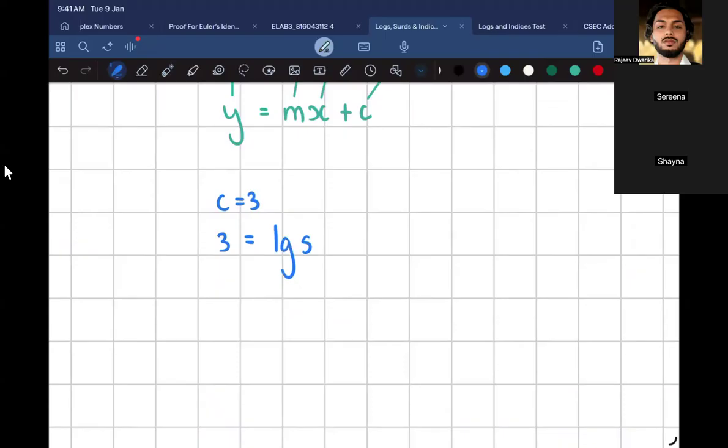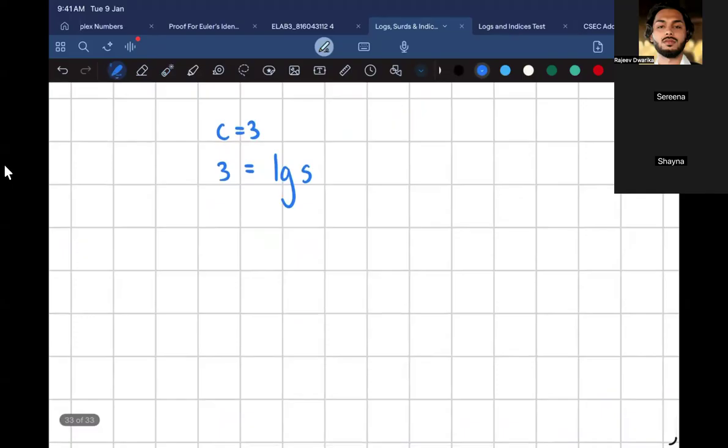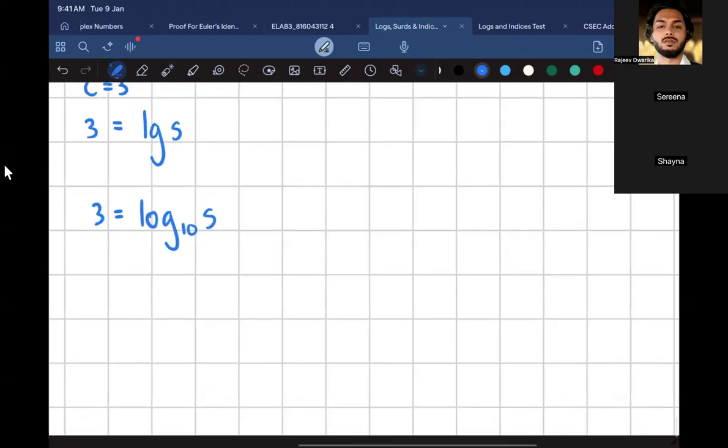All right. So Serena, we want to find S, right? Let me show you how we're going to do that. I'm going to write log as log base 10. 3 is equal to log base 10 of S. If I want to find S, all I have to do is convert the log form into the indice form, or the exponential form.